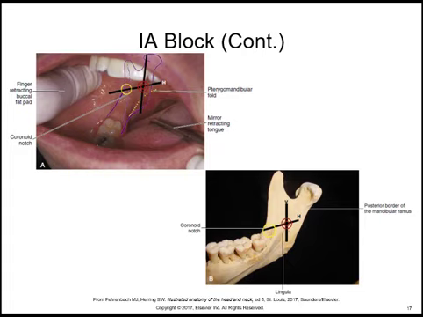So the imaginary horizontal line shows the correct height, right there, and the imaginary vertical line is going to show the correct anterior-posterior direction of the injection, okay?